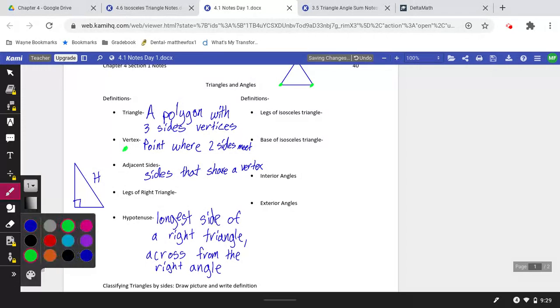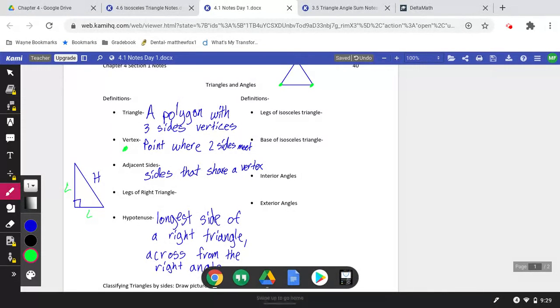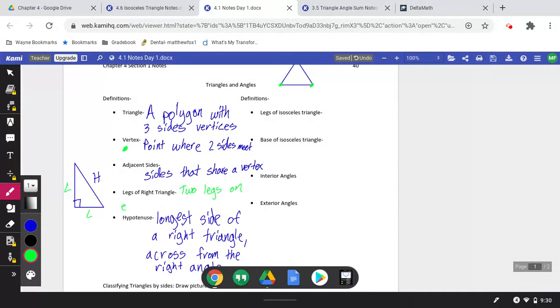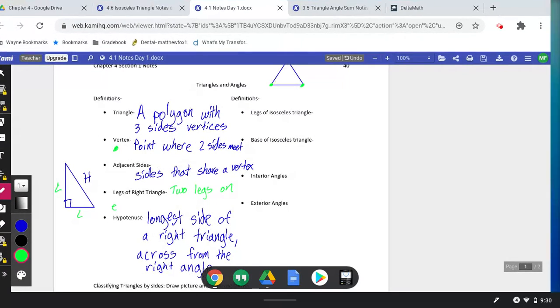Now the legs, there's one here, and there's also going to be one here. And these legs are on either side. So there's always two legs on either side of a right triangle. So either side of the right angle, I mean.